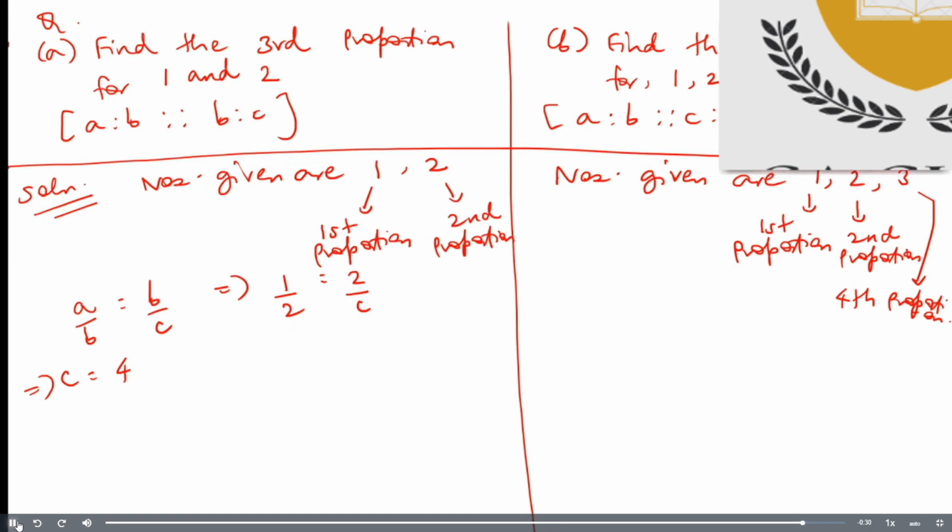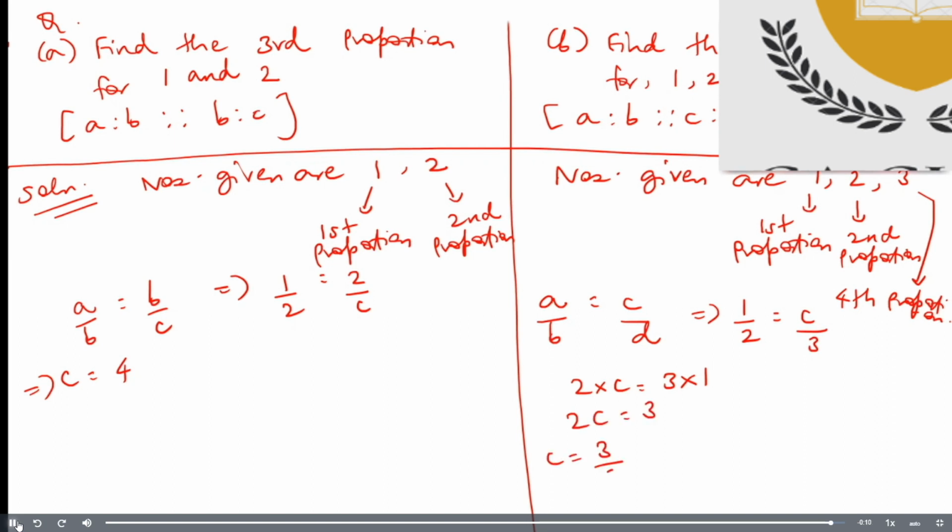Now let us form the equation here. A by B is equal to C by D. 1 by 2 is equal to C by 3. 2 into C is equal to 3 into 1. 2C is equal to 3. C is equal to 3 by 2.